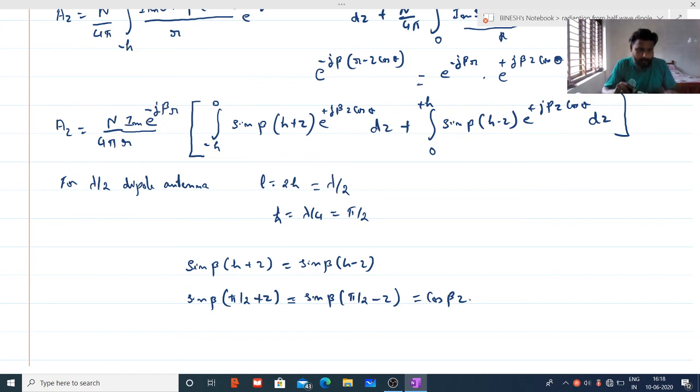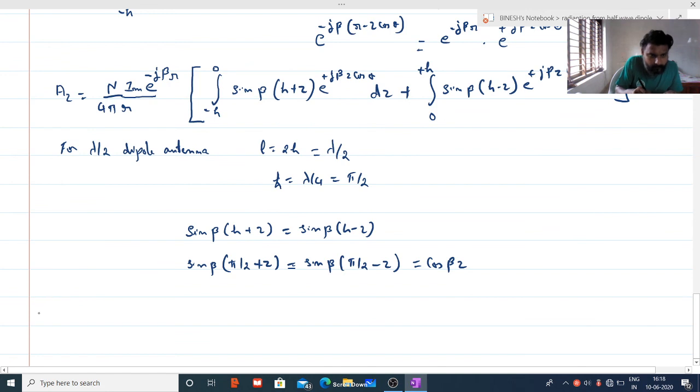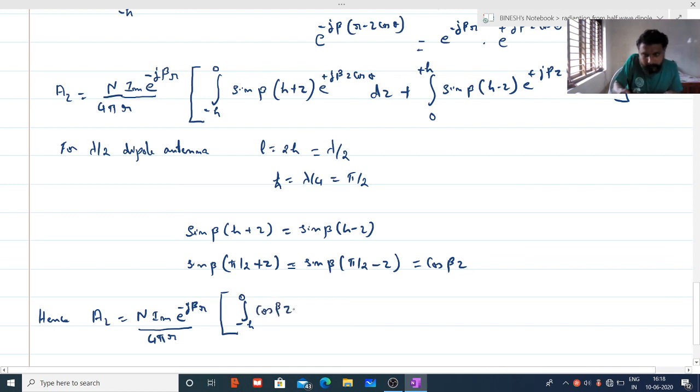Hence your equation changes to A z equal to mu I m e raised to minus j beta r divided by 4 pi r, into integral from minus h to 0 of cos beta z e raised to plus j beta z cos theta dz, plus integral from 0 to plus h of cos beta z e raised to plus j beta z cos theta dz.